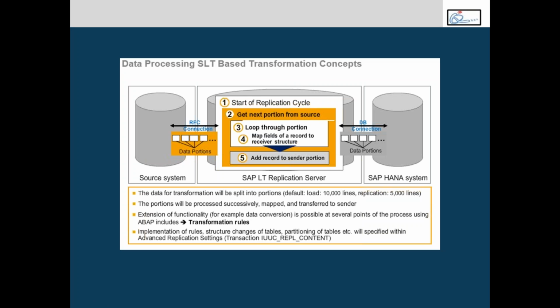If it is the latest version, instead of this T code, we use a T code called LTRS, L, T, R, S. If it is the new support pack for the transformations, we use LTRS. If it is old, we use IUUC_REPL_CONTENT.